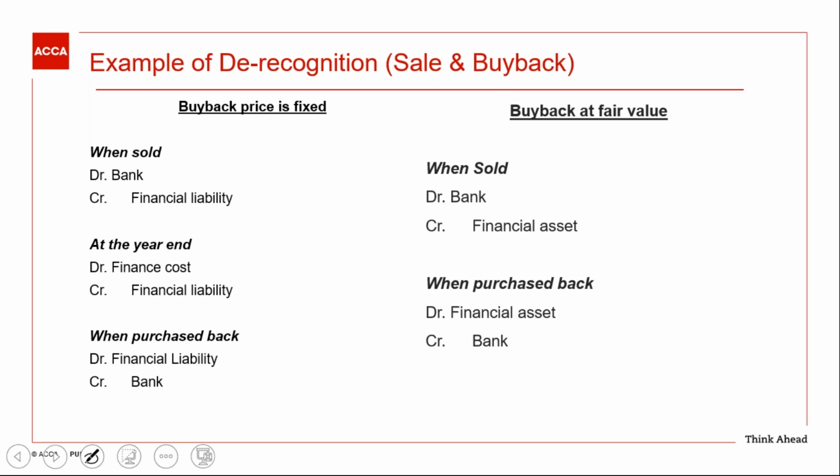Now there's one more thing that we need to discuss, which is a sale and buyback agreement. This is quite similar to what is there in IFRS 15 as well.